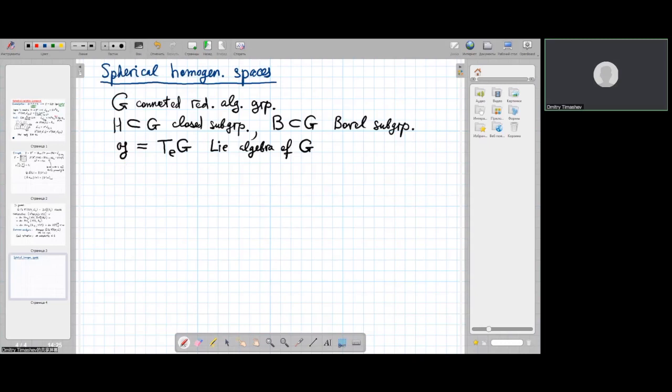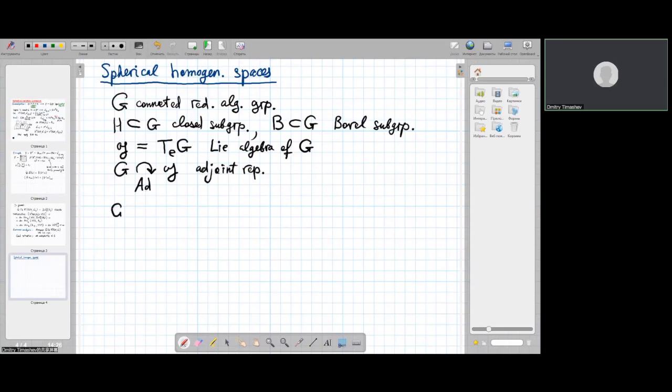And also we have an action of the group G on its Lie algebra, which is called the adjoint representation. It is a linear representation. Let me denote it in the standard way by Ad.